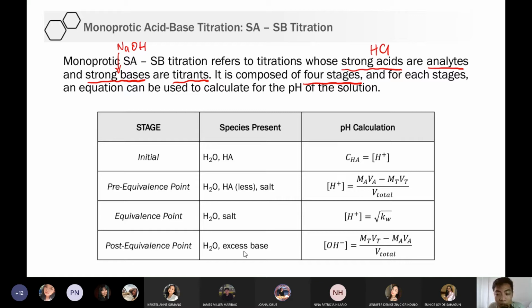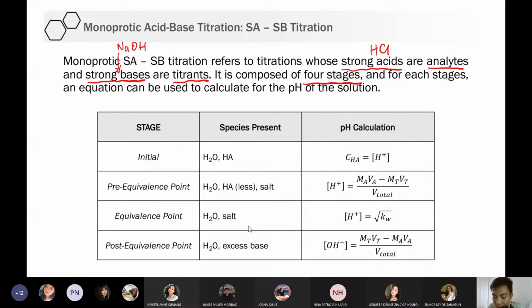Kung gusto mo malaman kung gaano kasobra naman yung base at post-equivalence point, that is mole base minus mole acid divided by total volume. Okay? So, ganun lang. Pinagbaliktad mo lang yung case dito. Dito, maraming acid. Dito, maraming base. So, basically, you just flip the equation. Okay. So, yun lang. As long as you know the stages, may corresponding equation doon that will help you to solve the problem.